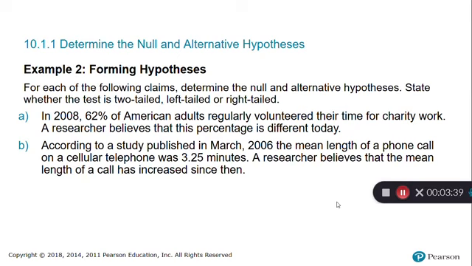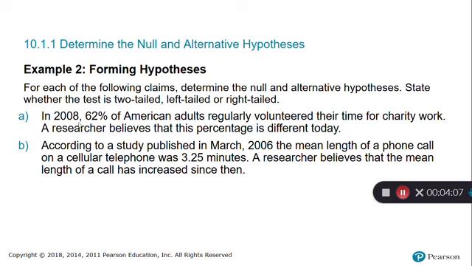Okay, so on part A, it says, in 2008, 62% of American adults regularly volunteered their time for charity work. A researcher believes that this percentage is different today. So on this one, we're going to be using that 62%. That is our value, some value. Our parameter in this case would be P, because we're talking about proportion, right? This is not a mean, it's a proportion.